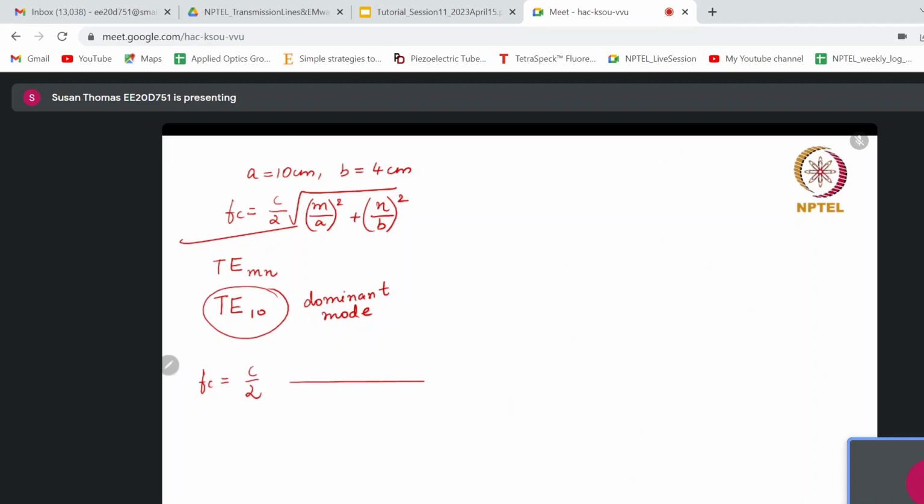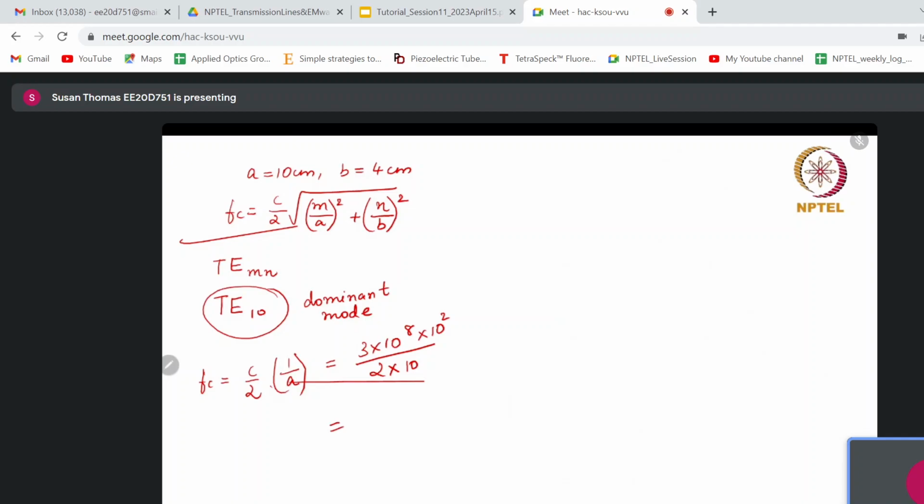So substituting m as 1, this comes out to be 1 by a, n as 0. So C by 2a, that is 3 into 10 power 8 divided by 2 into 10 centimeter. So maybe we can make this also as centimeters, 10 power 2.